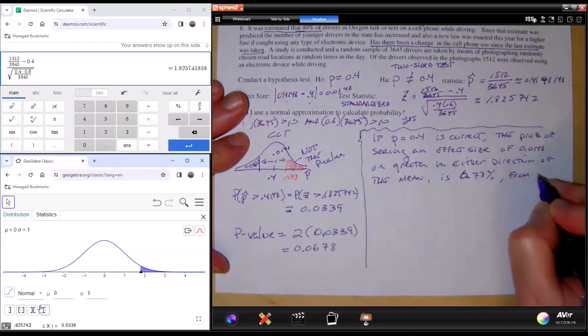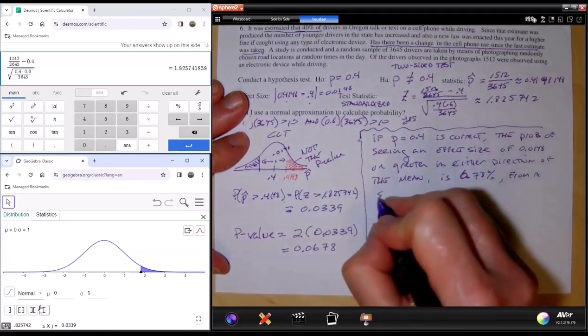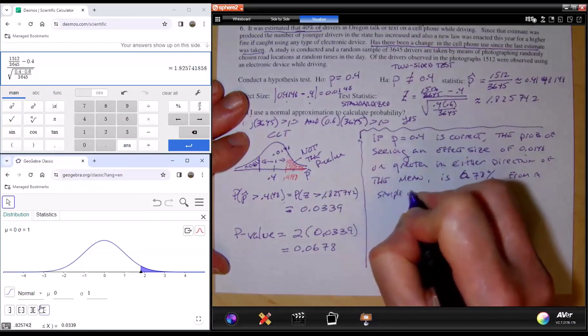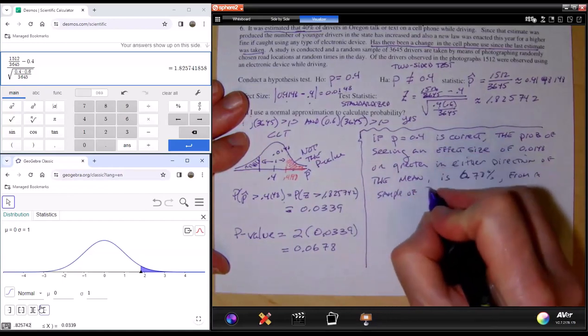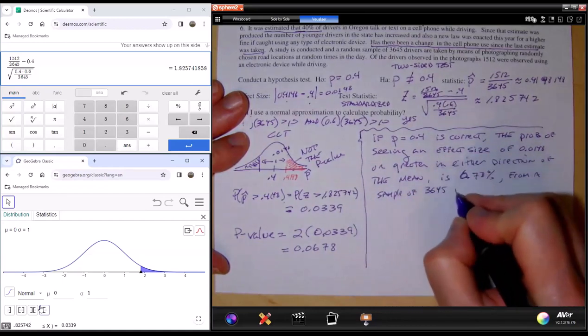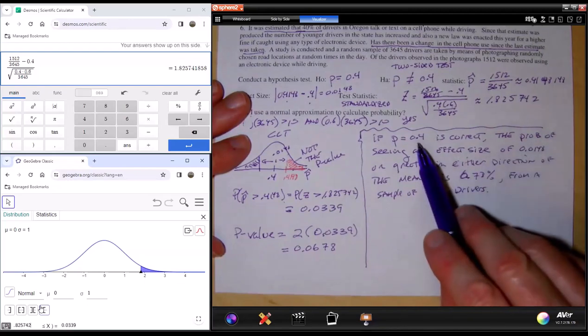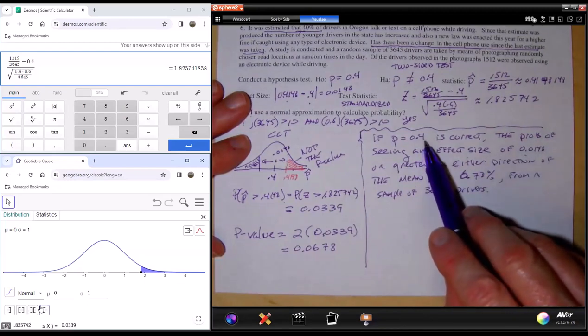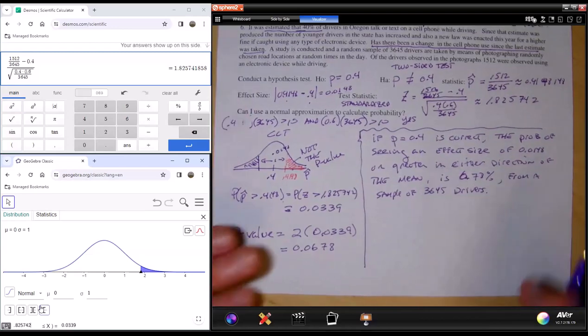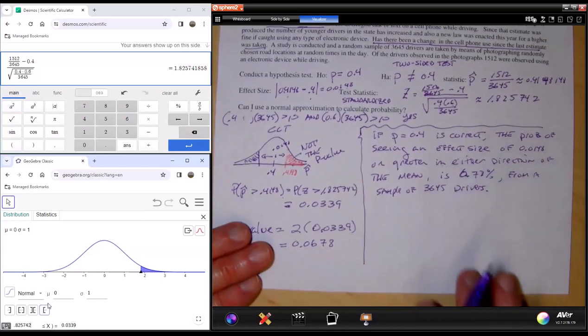I think actually you should always quote the sample size too, from a sample of, because that does matter, 3,645 drivers. So the 40% applies to the number of drivers that talk or text on a cell phone while driving. So at any given instance, that's a lot.